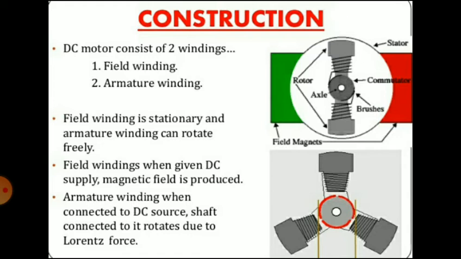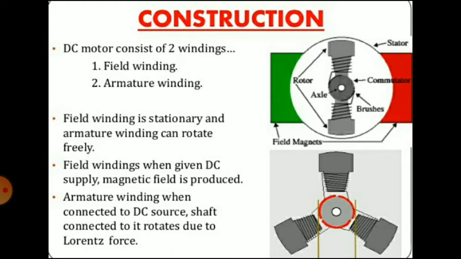The stator is a stationary member and consists of the field system or winding, and the rotor is a rotating member which houses the armature winding. The rotor of the DC motor is also called the armature. The field winding is stationary and the armature winding can rotate freely. So field winding means the stator and armature winding means the rotor.